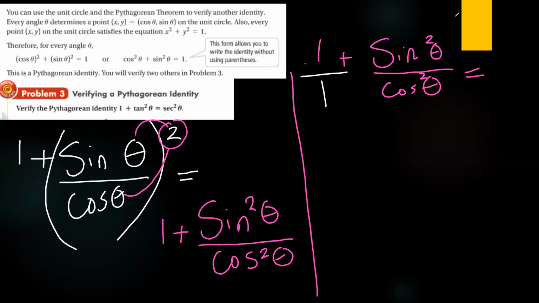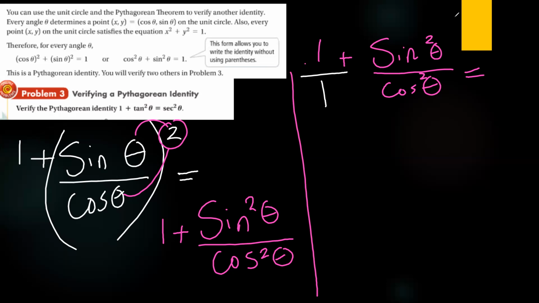Teacher, if we say that cosine squared over cosine squared plus sine squared over cosine squared, it will be cosine squared plus sine squared over cosine squared.